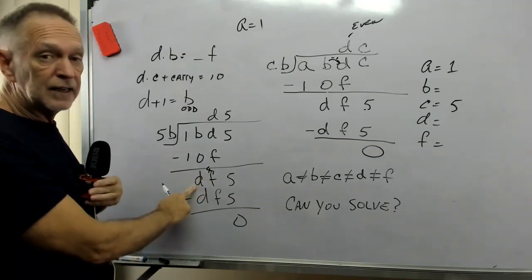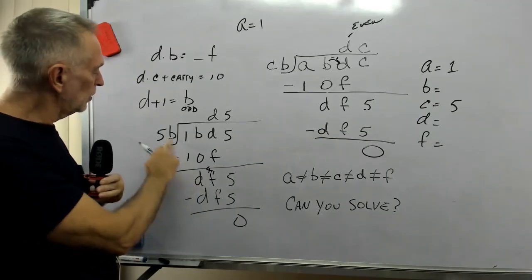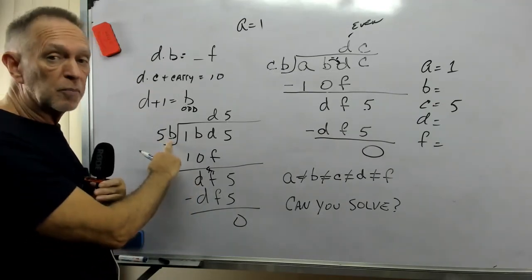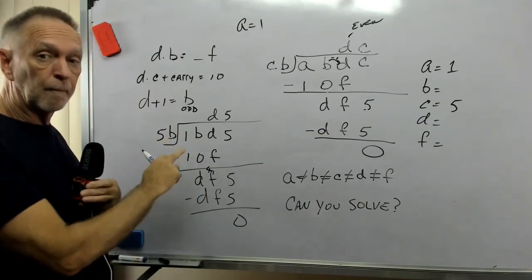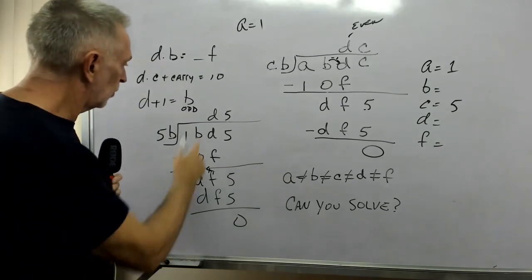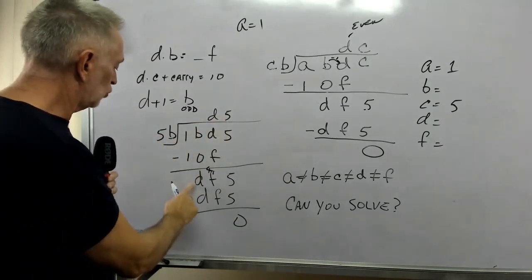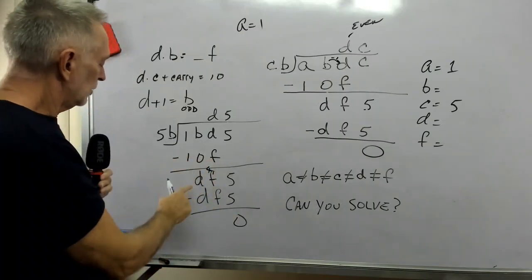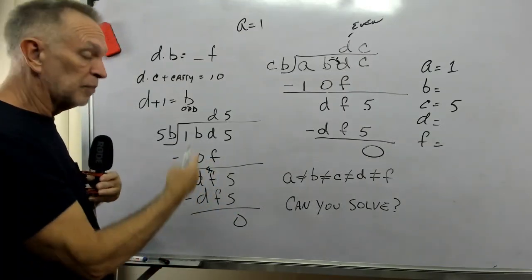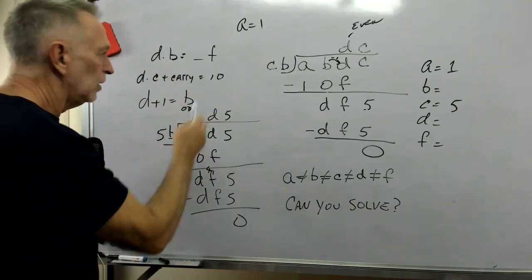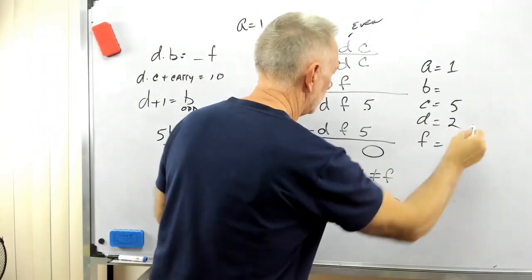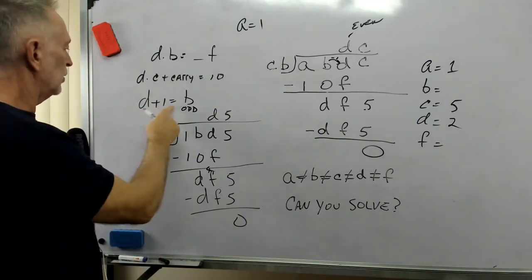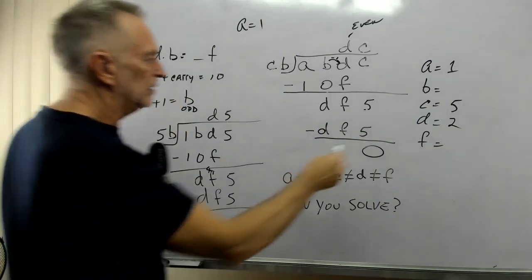So D would never change no matter what the various numbers of B were. That's important. So what does that mean? 5 times 5 is 25 plus something. So D ends up being 2. So we have D equals 2. Well, D plus 1 is B. B is 3.